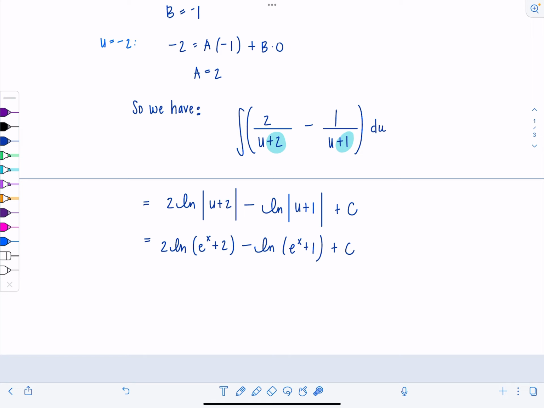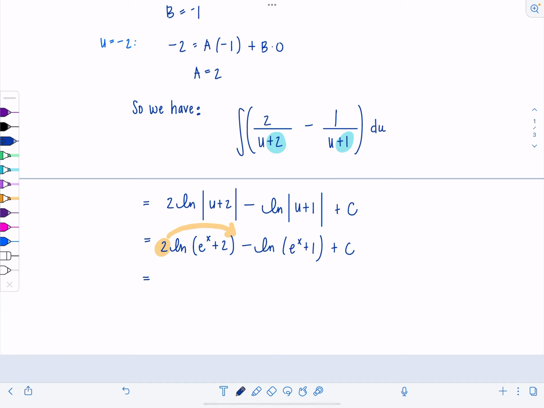Now, this is not the final answer the way the back of the book has it. I would take it on a test, though. I mean, let's be real, this looks lovely. If you want to box it and call it a day and you're in my class, bravo. What you could do, though, if you want to combine it into a single logarithm, is first move the coefficient and make it the exponent on that argument.